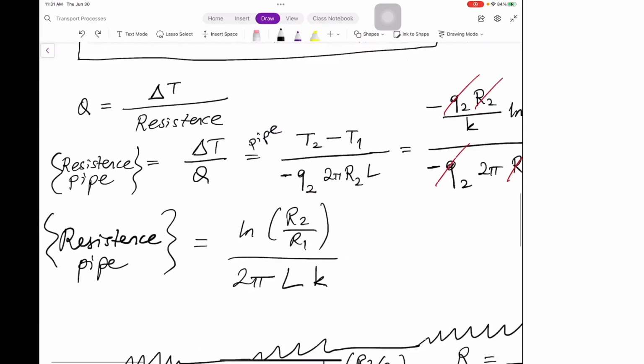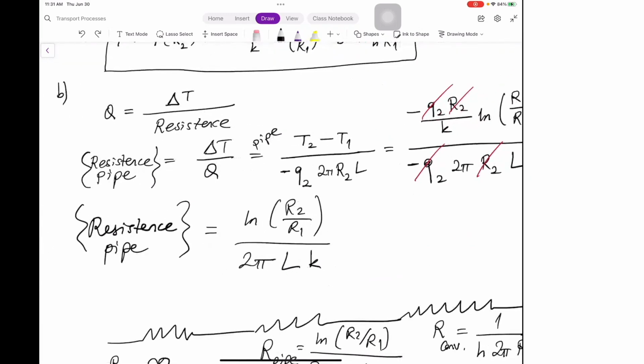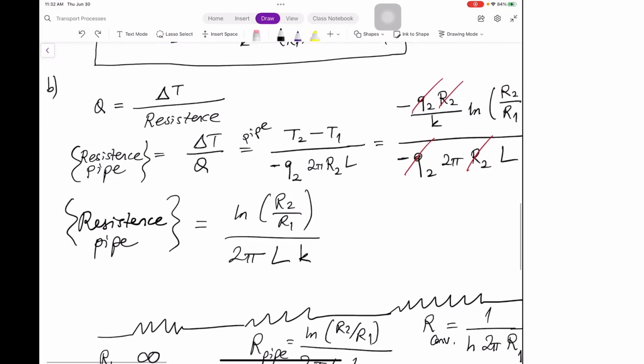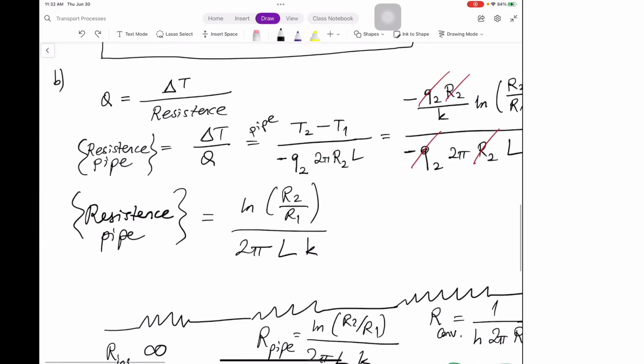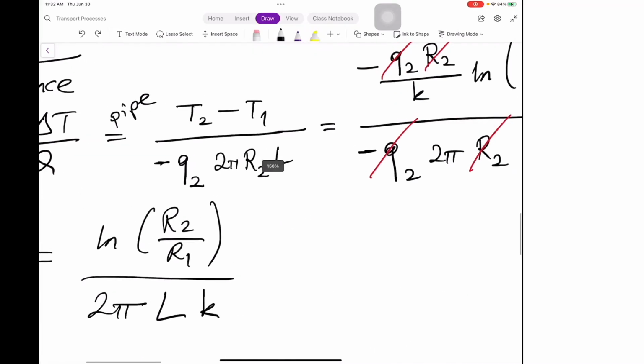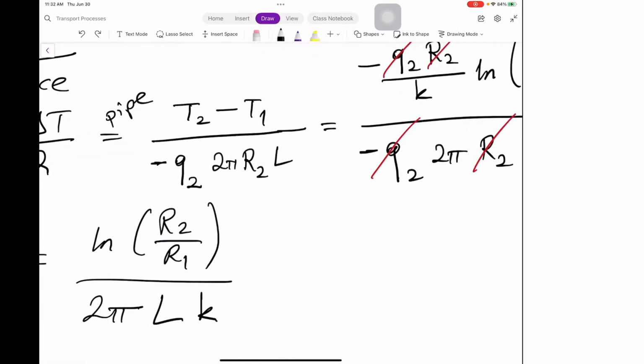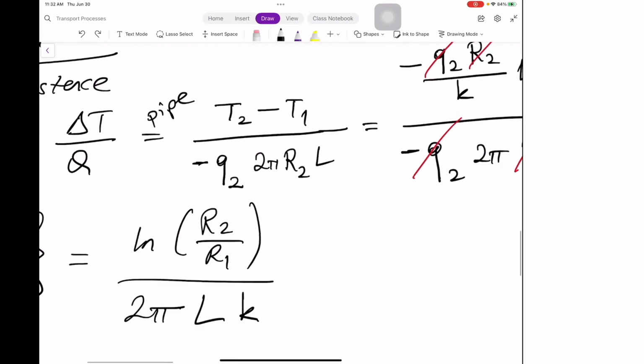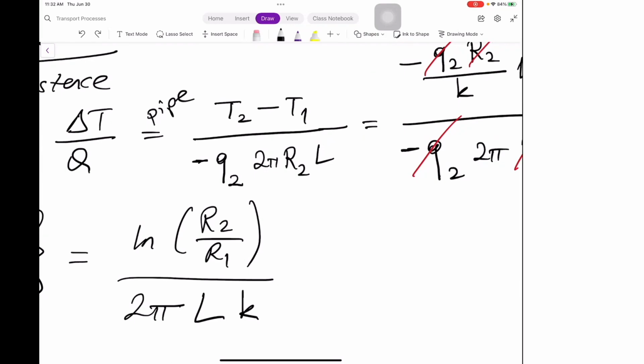No? Okay. So for part B, you should write down the resistances. One thing you can use as the resistance is delta T divided by the Q. For the pipe, the resistance is T2 minus T1, your delta T, divided by the Q. Q is basically the flux times area.